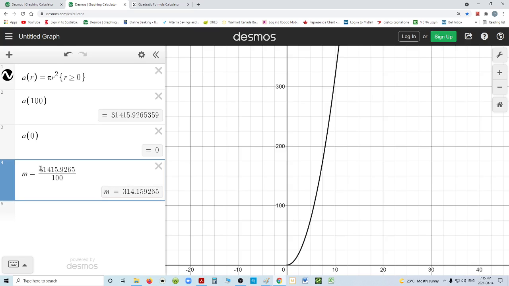Rate of change is 314. What does that look like? The rate of change is pi times 100, right? Why is it pi times 100? Because we took the area of 100.